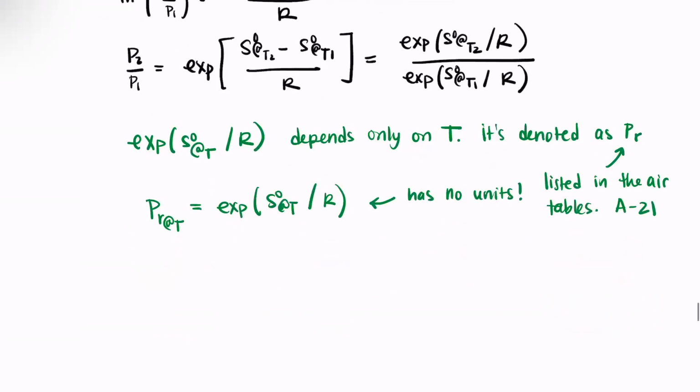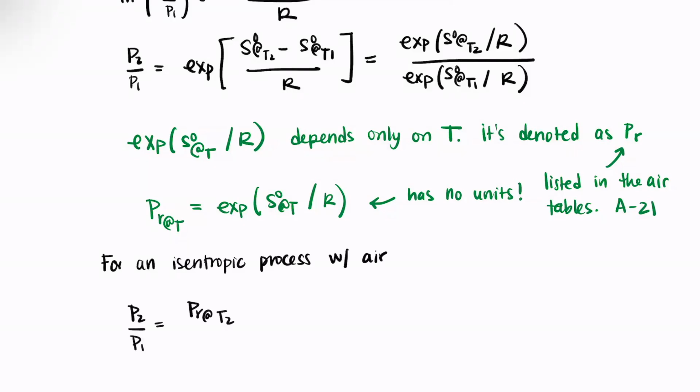Okay, so we can write for an isentropic process with air that P2 over P1 is equal to PR at T2 divided by PR at T1, or sometimes this is written as PR2 divided by PR1.